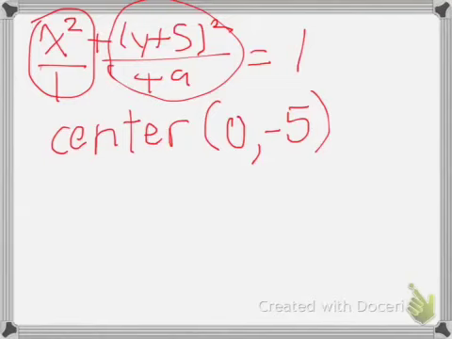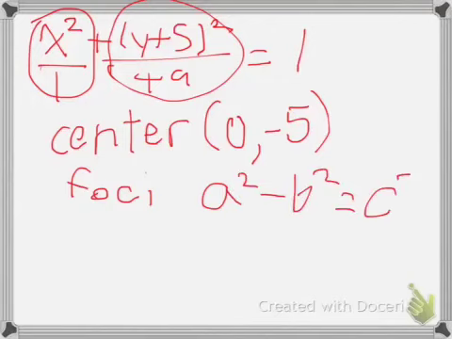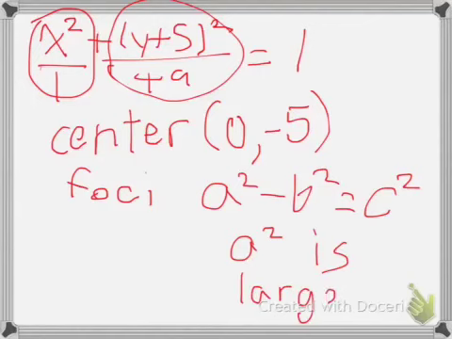Now for the foci. To find the foci, you have to use the equation a squared minus b squared equals c squared. And then you have to remember that a squared is always the largest denominator. So in this one it is 49 minus 1 equals c squared.